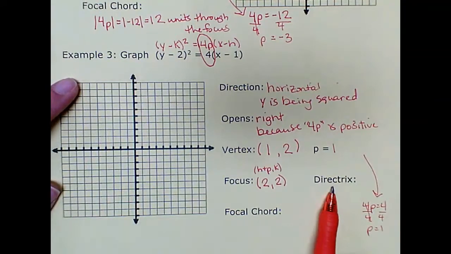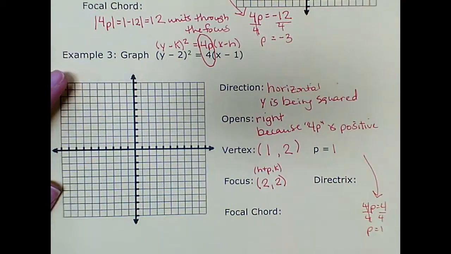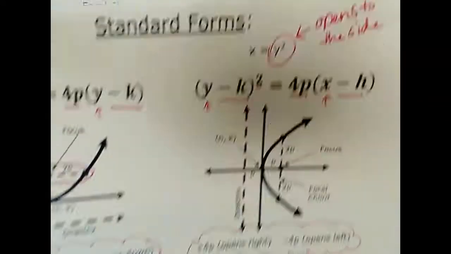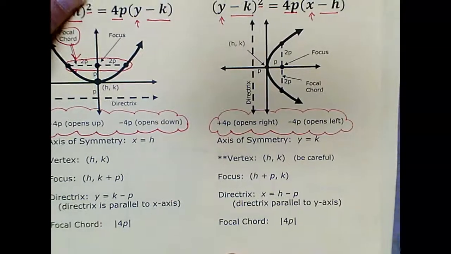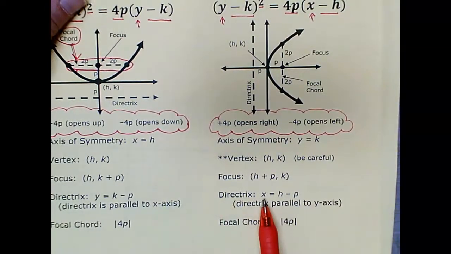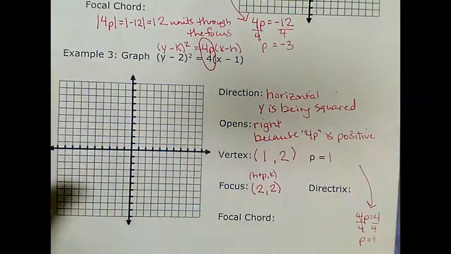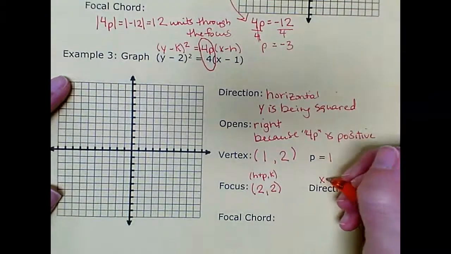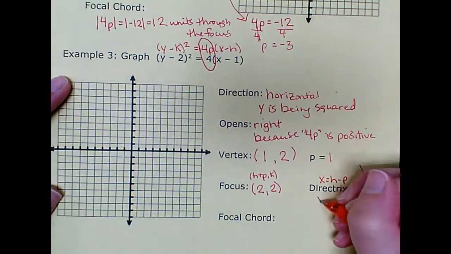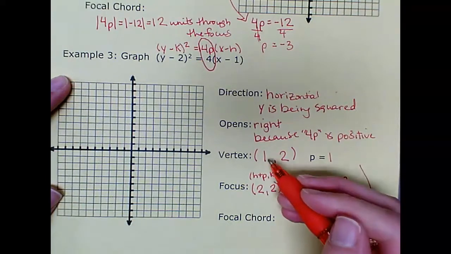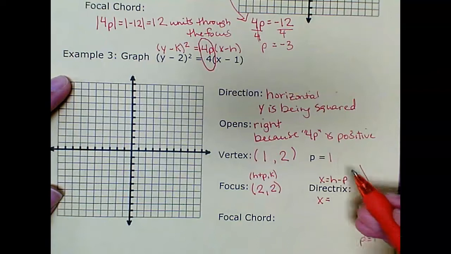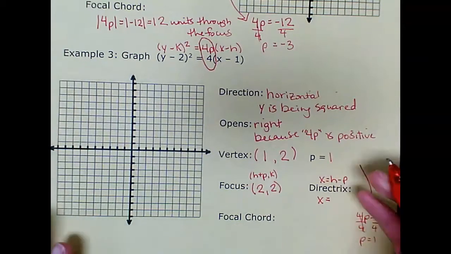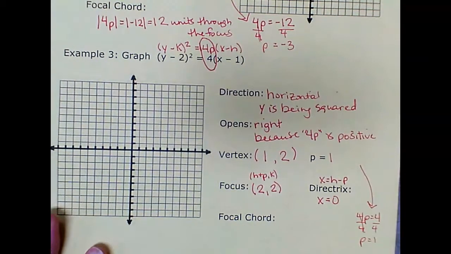My directrix, I don't remember, so I go look. In the horizontally opening graphs, the directrix is the equation of the line x = h − p. So x equals h, which is 1, minus p, which is 1, and 1 minus 1 is 0.